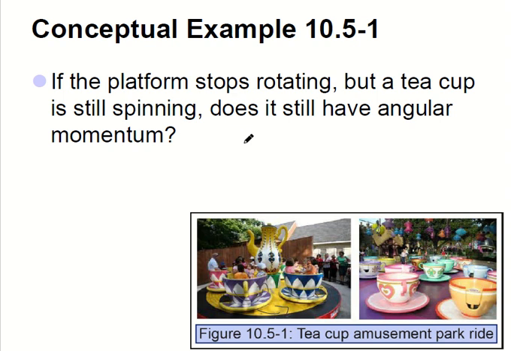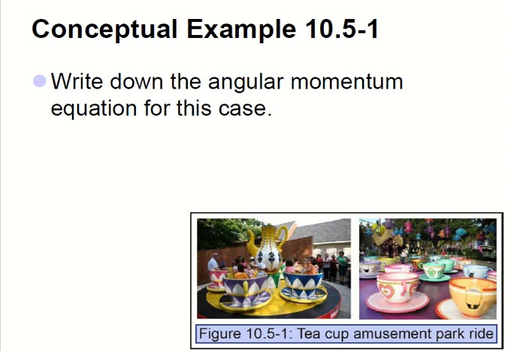Okay, so if the platform stops rotating but your teacup is still spinning, does it still have angular momentum? Of course you do, because of the isolated system. Even though they're attached, you can still see this is moving with its own motion, so you can get its own angular momentum for each teacup because of this spinning motion.